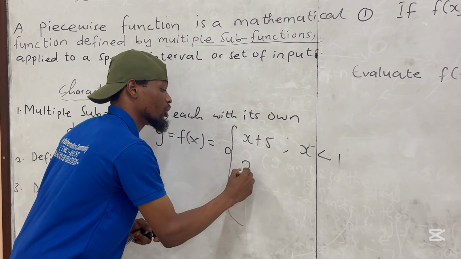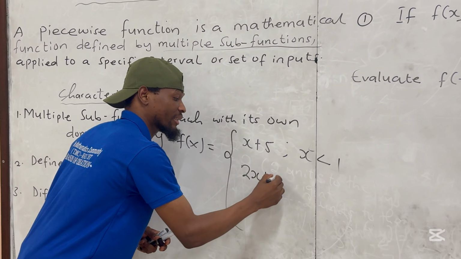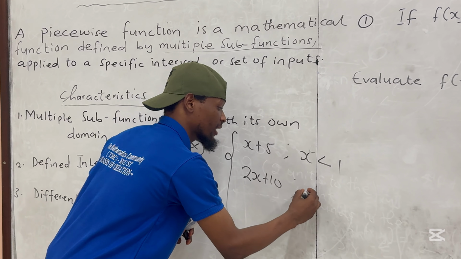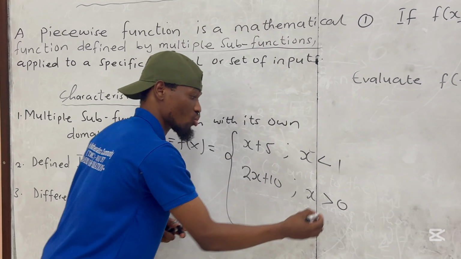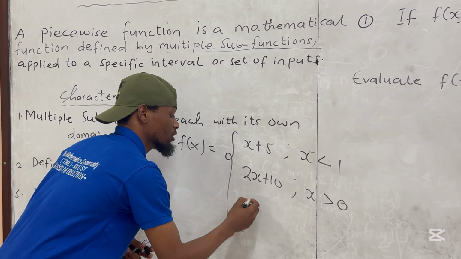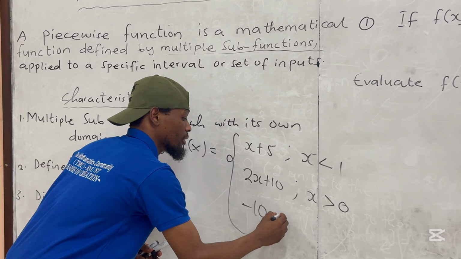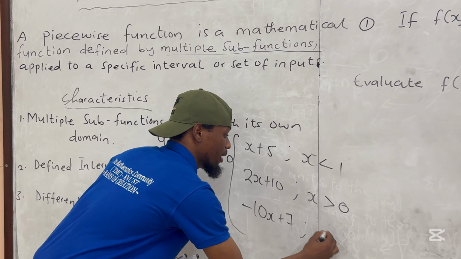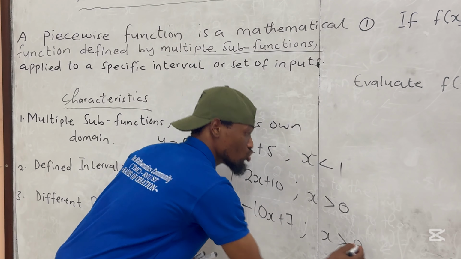You have, let's say, 2x plus 10 with the interval, let's say, x greater than 0. You get it that way. So you have negative 10x plus 7 with the interval x is less than or equal to 2.